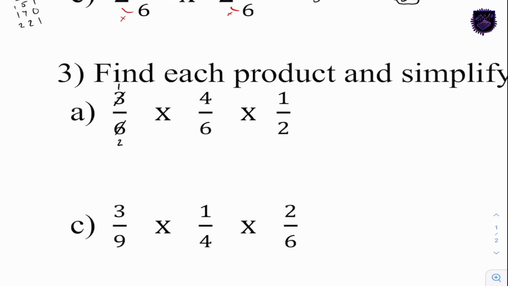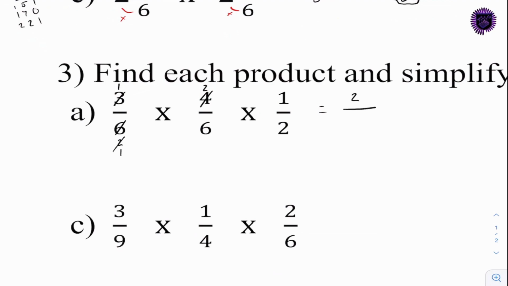Then we can simplify this one to make that 1, and this will be 2. Right, I'm dividing by a common factor. And that's it. Now I have 1 on top. 1 times 2 times 1. So I have 2.